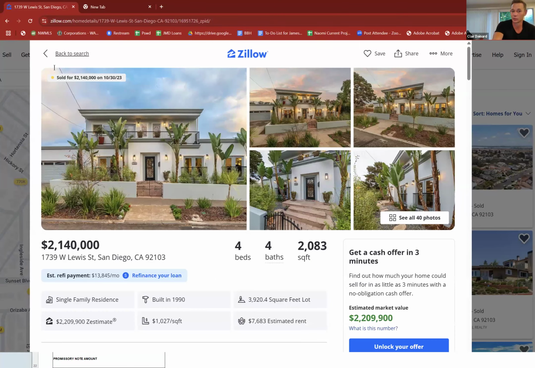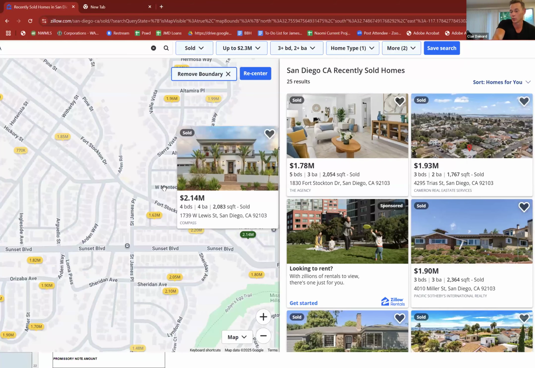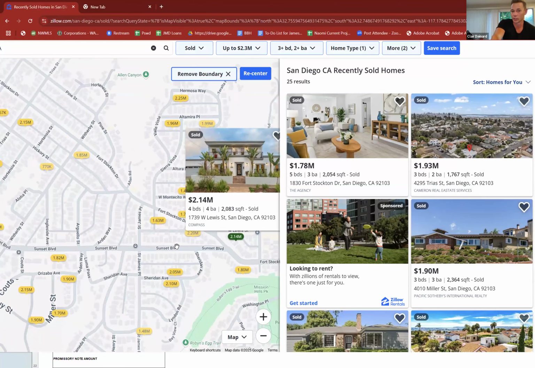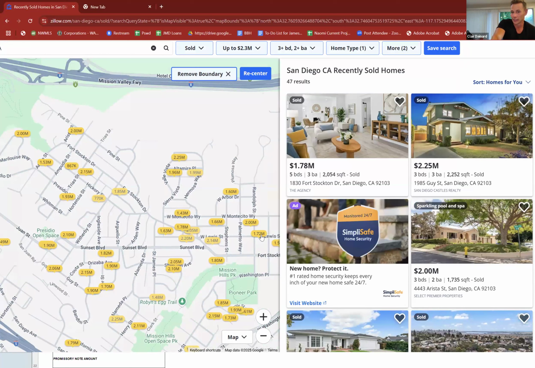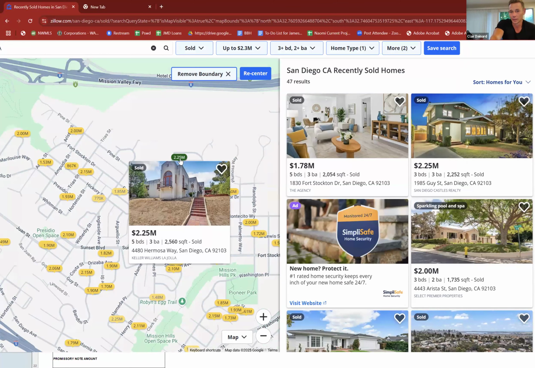So maybe the values, that sold for 2.1. Like if you dial this thing in, are you worth 2.2? Because that's not that good on a price per square foot. And then, I mean, I like the curb appeal, but the rest of it's no good.